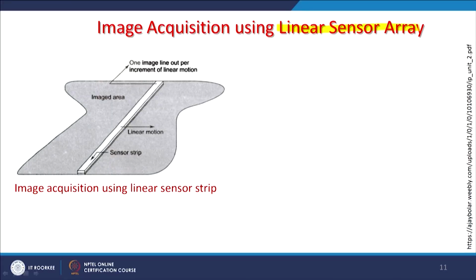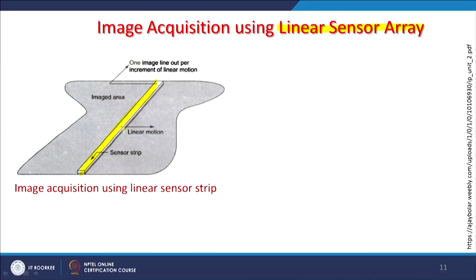Now, this is the most common one, which is the linear sensor array. You are having just one line, and I already showed that on that one 2048 CCDs were arranged in a line, and this is the direction of motion. Then the sensor strip can acquire the data of the entire area as this strip moves, on the satellites.